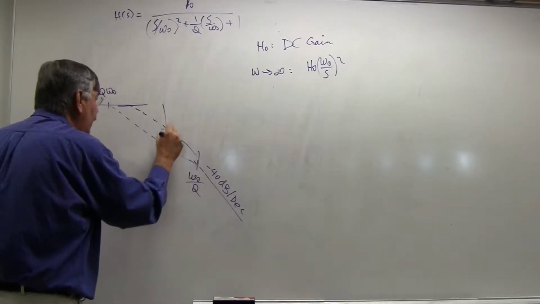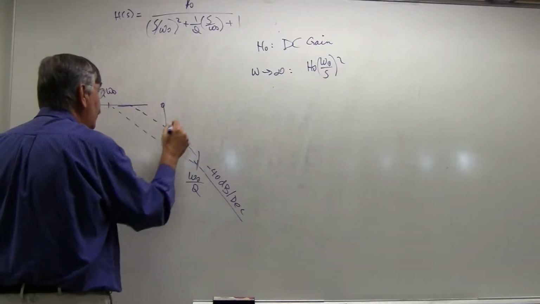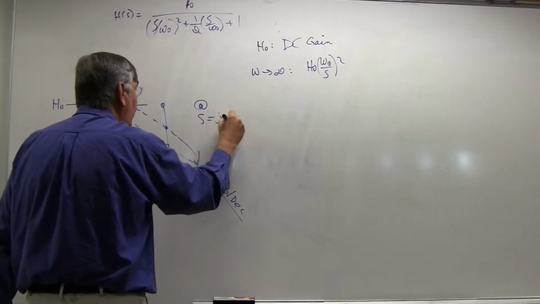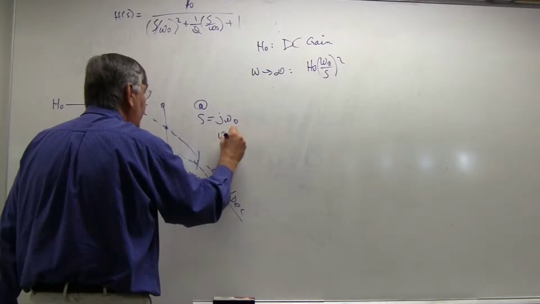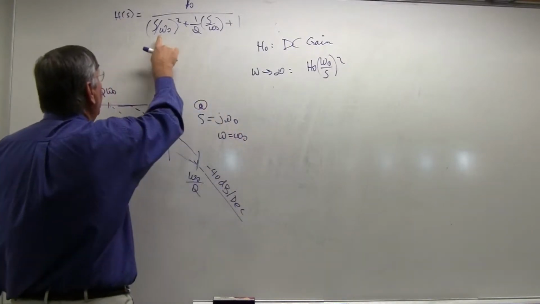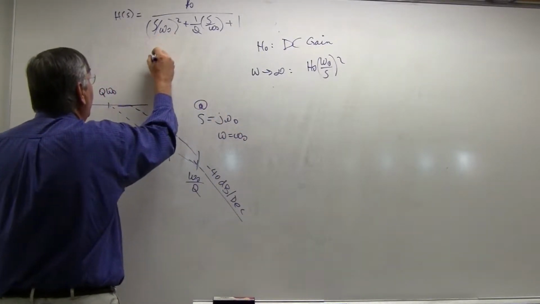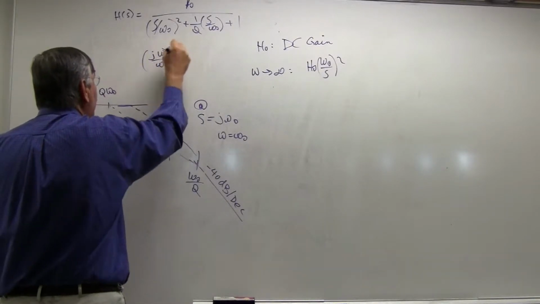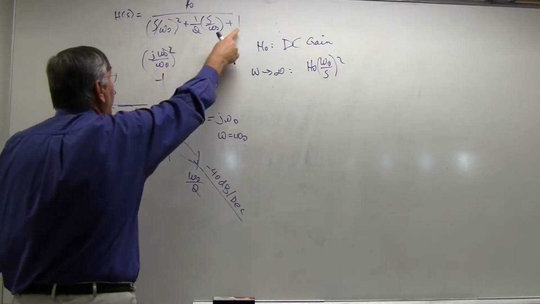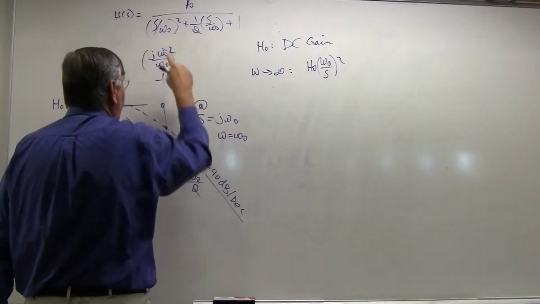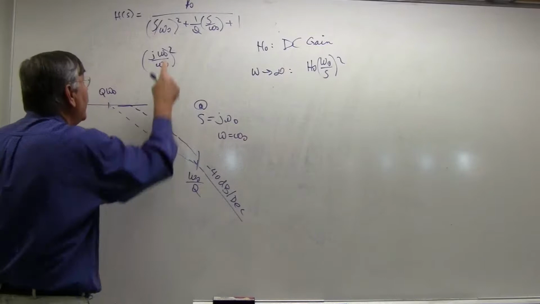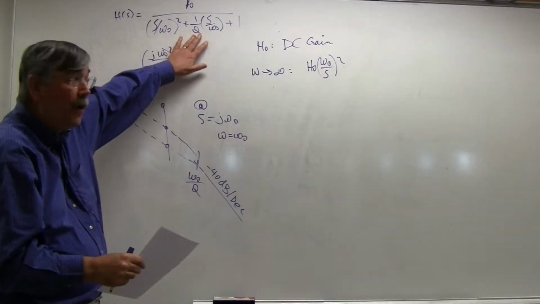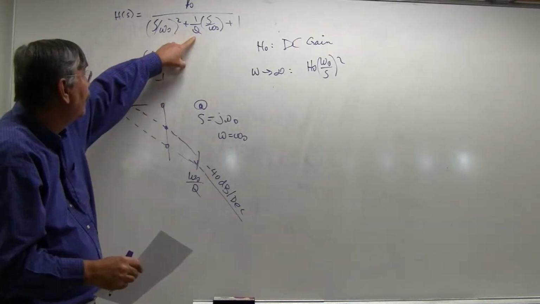We said that if we evaluate this transfer function at s equals j omega naught, which is omega equals omega naught, then this term evaluates to j omega naught over omega naught, quantity squared, which is just minus 1. That cancels this term. So at s equals j omega naught, the first and last terms cancel each other, and all that's left is the middle term at this particular frequency.